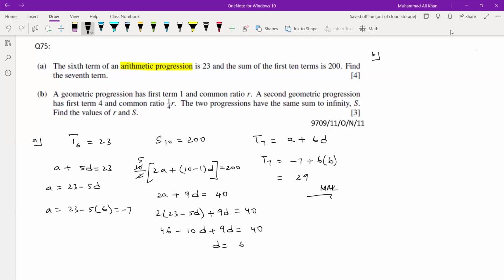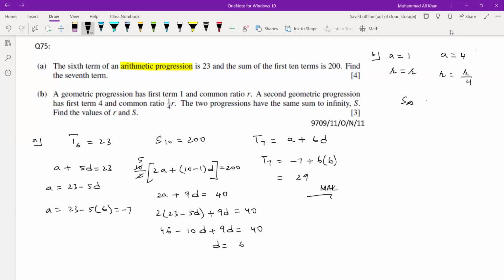Now, what we have in the B part, a geometric progression has first term 1, common ratio R. A second geometric progression has first term 4 and common ratio R upon 4. The two progressions have the same sum to infinity. Find the value of R and sum to infinity.